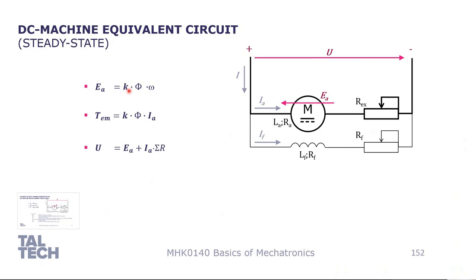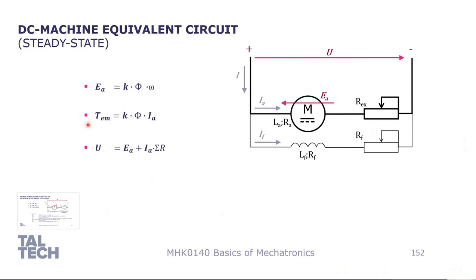We have here also the construction gain, K. While we have the external shunt field machine, we have the field winding, and this magnetic flux phi is produced by the winding, and by having this external resistance in the field winding, we can also change the magnetic flux. We see that with the magnetic flux it's also a linear dependence, so the higher the magnetic flux, the higher the electromotive force of the armature winding generated here.